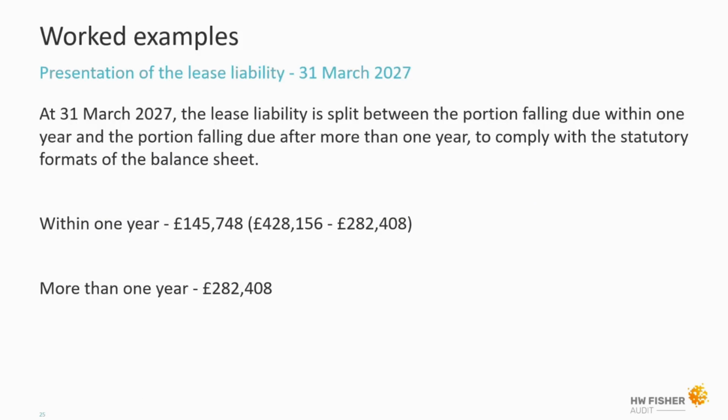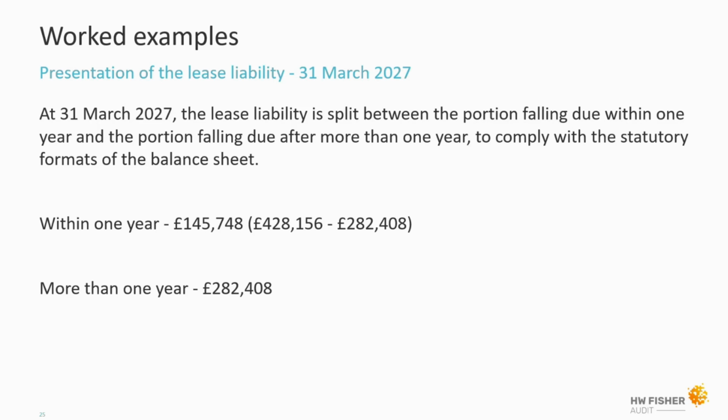And let's not forget the lease liability then needs to be split between your current and non-current liabilities. That will potentially change your balance sheet for those that currently don't have non-current liabilities. You'll see that now split.